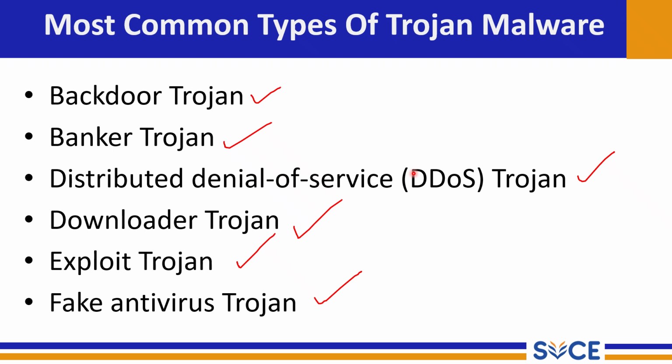Once on a target machine, it remains dormant for a 2-week period and will then retrieve commands that allow it to transfer, execute, perform reconnaissance, reboot, and halt system services. Communication occurs over HTTP to predetermined URLs. So this is all about the most common types of Trojan malware.